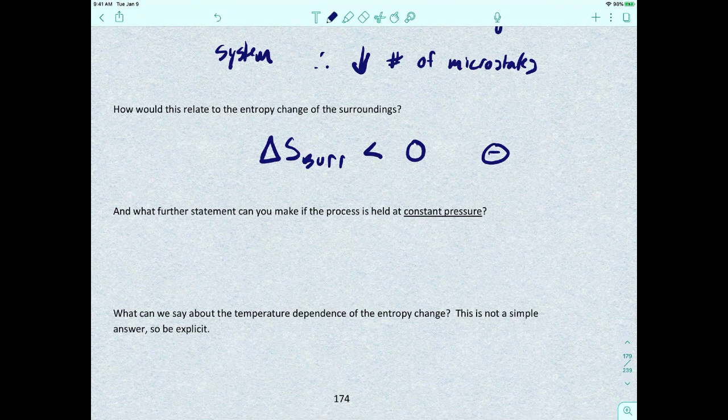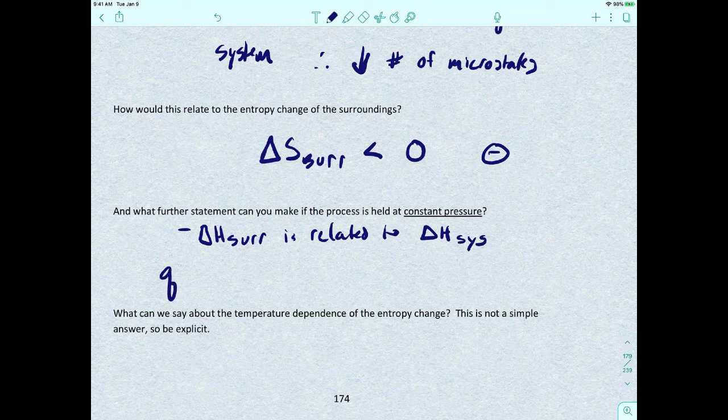Okay, so what further statement can we make if the process is held at constant pressure? We can say that the change in enthalpy of the surroundings is related to the change in enthalpy of the system.